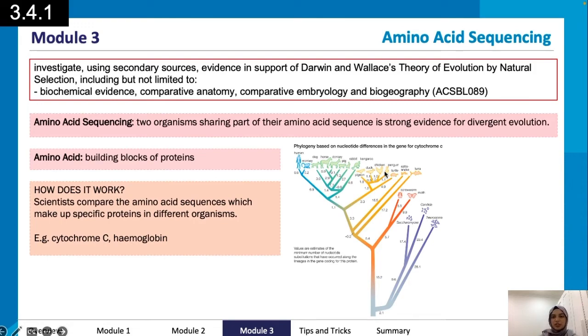And then we've got the pigeon, duck, chicken, penguin, turtle, all in the same sort of wavelength. And then we've also got a bunch of other ones there as well.